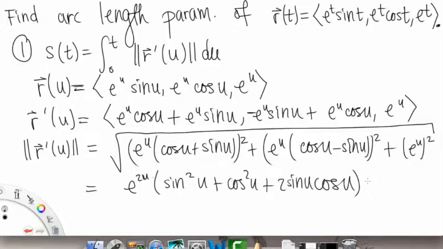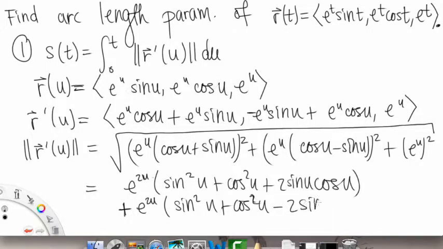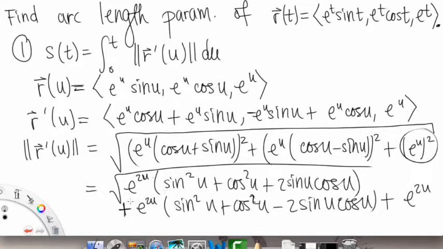And then we have it added to another e to the 2u, and then this time it's going to be sine squared u plus cosine squared u, but this time, because we have that minus sign, that'll be a minus 2 sine u cosine u. And lastly, we have an e to the 2u that comes from here. Okay, so all of this is under a square root sign.